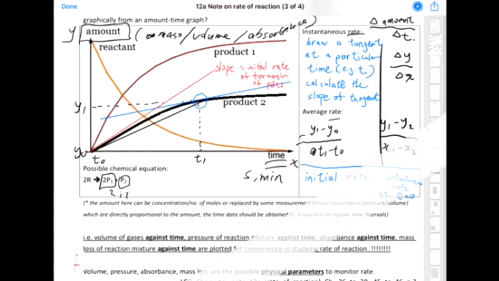And if I draw this tangential line, then it will be the initial rate represented by the formation of product 2。因為我哋對住第二嗰個 product 嚟畫㗎嘛，係嘛？咁呢個就係用 product 2 表達 initial rate of 呢一個 reaction 嘅方法嚟啦。And for the same reaction, you can actually represent the rate of reaction by using its product and also its reactant. Just one of it, then that is enough.